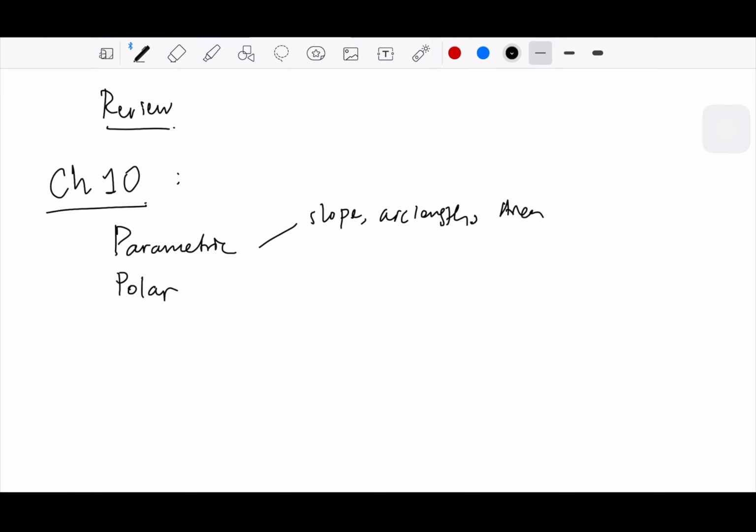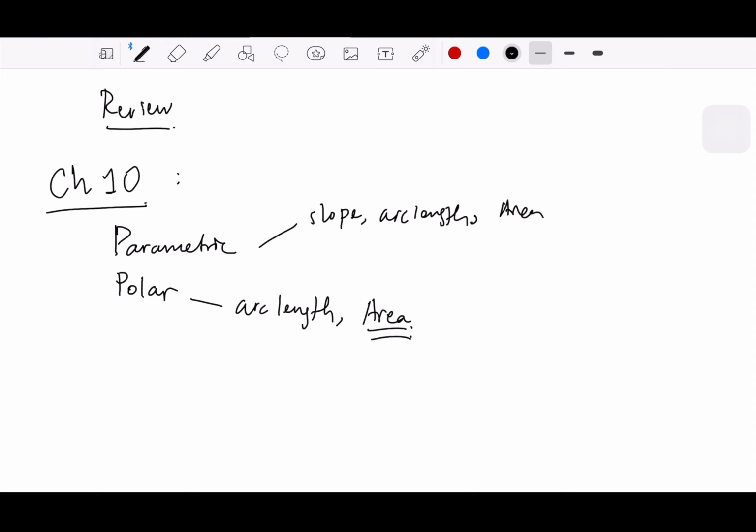And then the emphasis for the calculation will be more on polar. It can be arc length, it can be the area, especially finding the area of a polar curve. Try to do some exercises on the polar curve area.